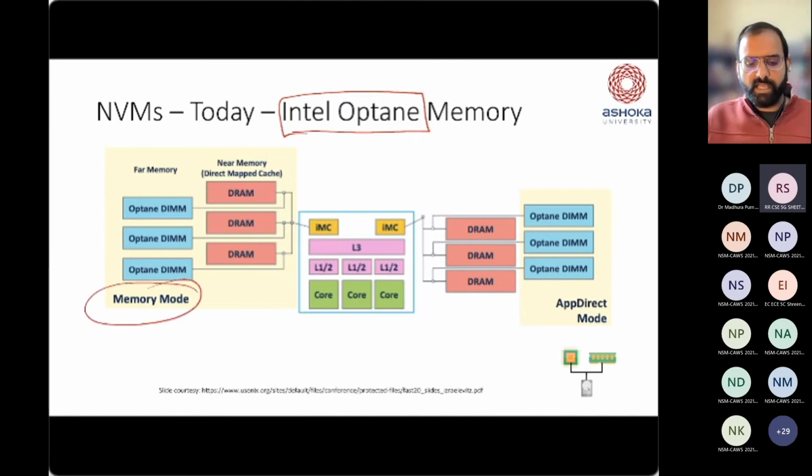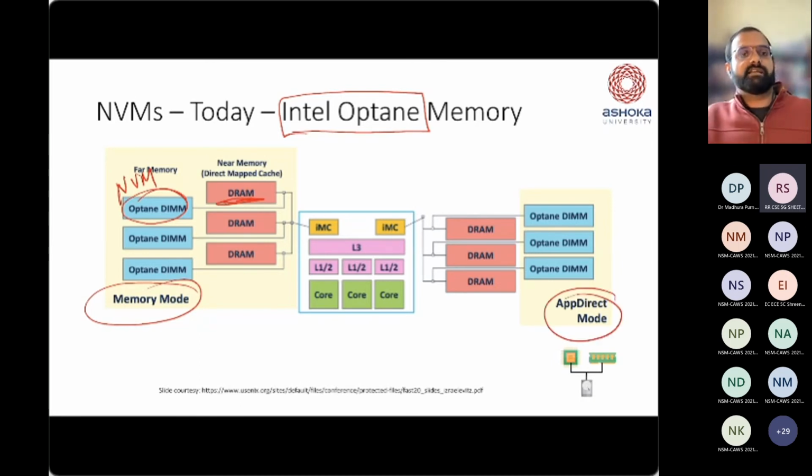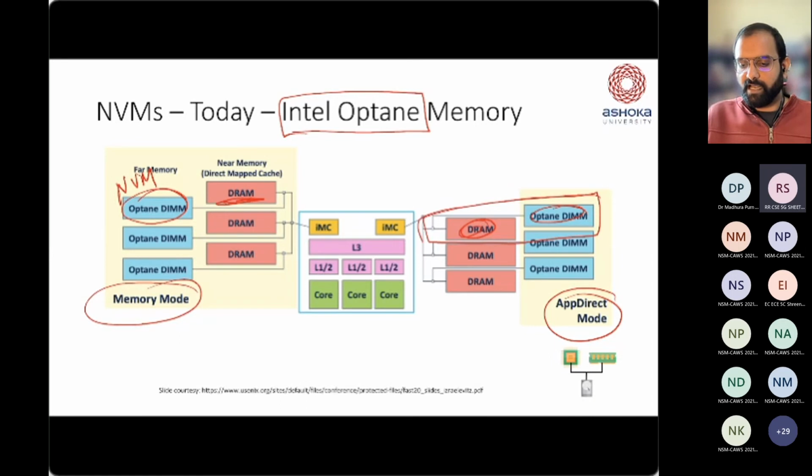One is called the memory mode, in which the DRAM, which sits over here, is used as a cache of this Optane DIMM, which I was calling NVM in the previous slide, right? And then the other one is called the app direct mode, which is the single address space variant, in which this DRAM over here and this Optane DIMM over here are essentially one large address space.